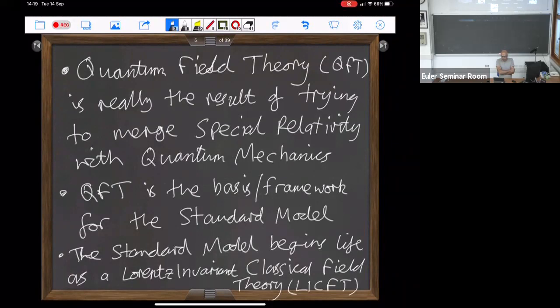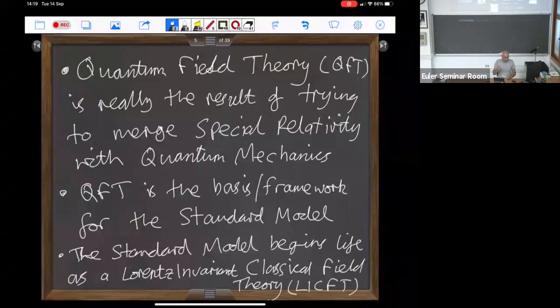Quantum field theory is really the result of trying to merge special relativity, which is based on Lorentz invariance, with quantum mechanics. And quantum field theory is really the framework within which the standard model is constructed. It's not just applied to the standard model, but it can be applied to many physical systems, different condensed matter systems, for example.